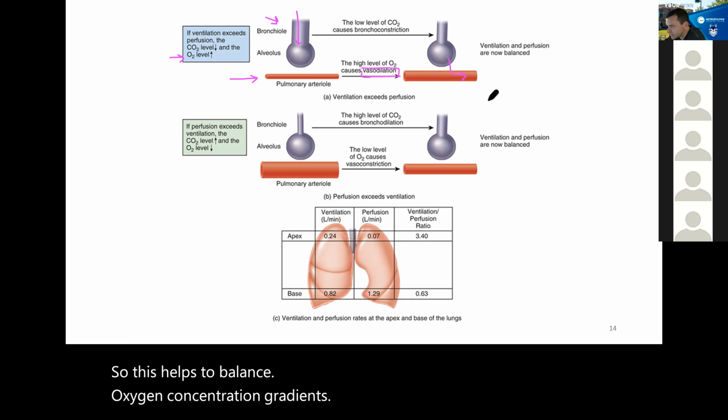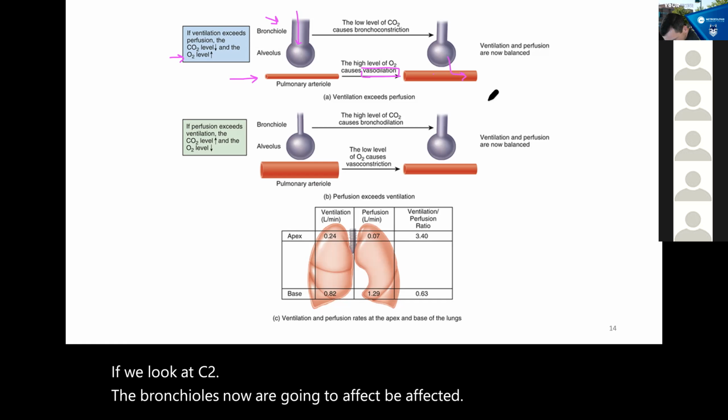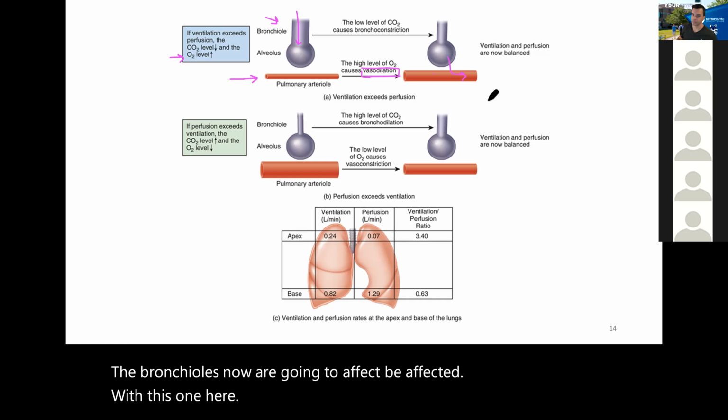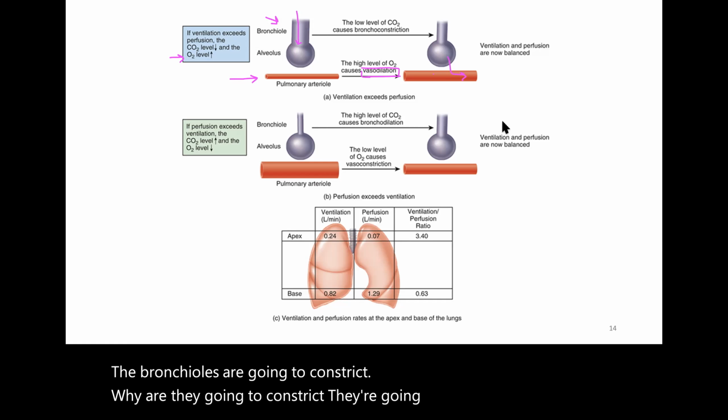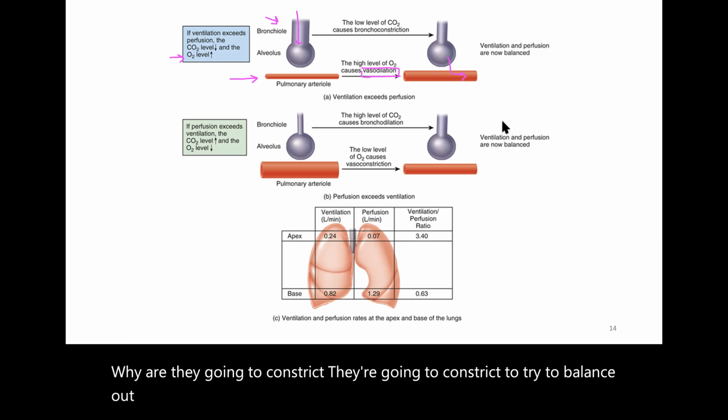If we look at CO2, the bronchioles now are going to be affected. With this one here, the bronchioles are going to constrict. Why are they going to constrict? They're going to constrict to try to balance out the oxygen and CO2 levels.